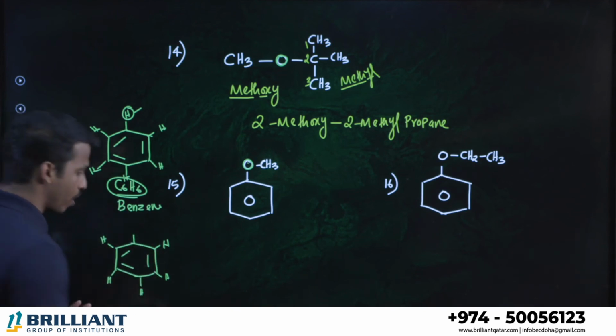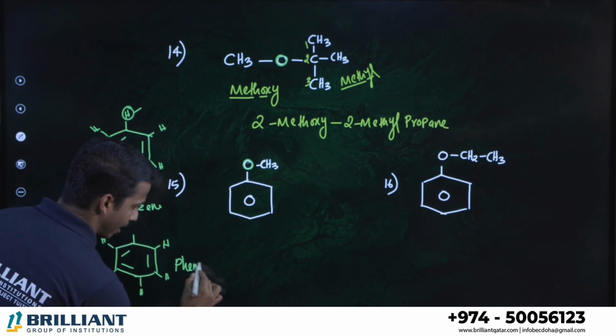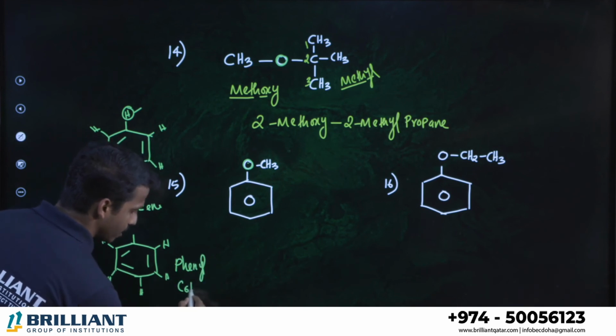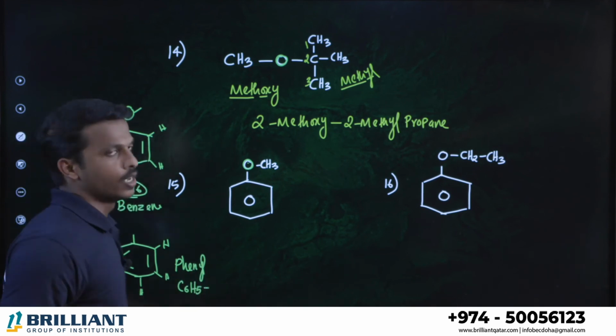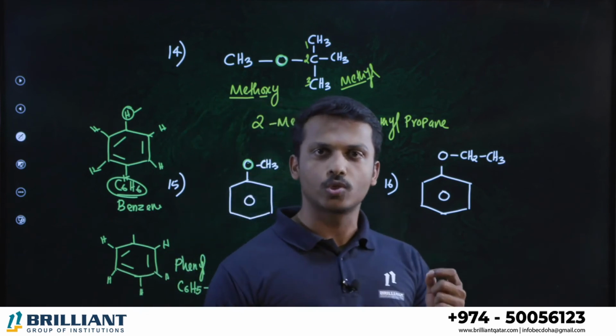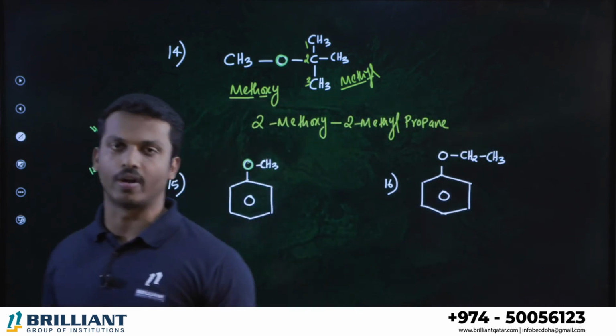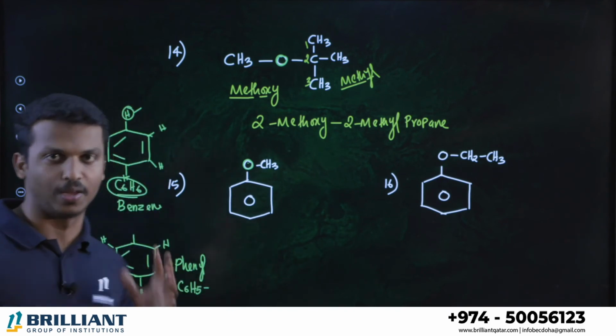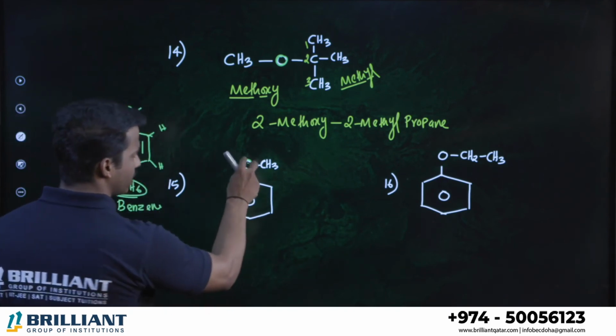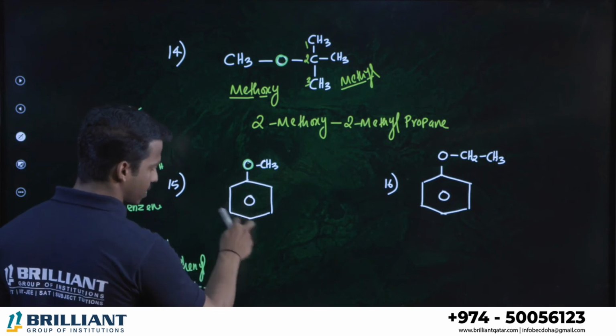This is known as phenyl. The formula is C6H5. So from benzene, when it loses one hydrogen, the remaining substituent, or branch, is known as the phenyl group. So, dear students, this is oxygen, this is the methyl group, this is the phenyl ring.